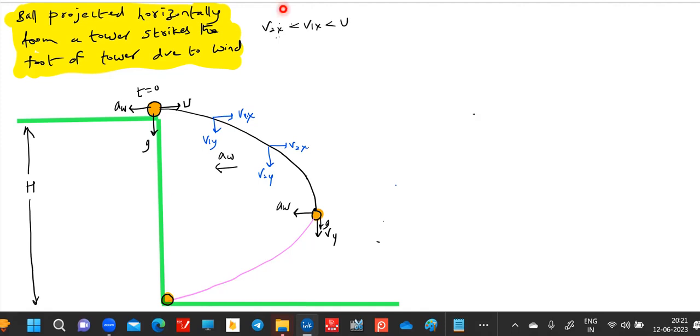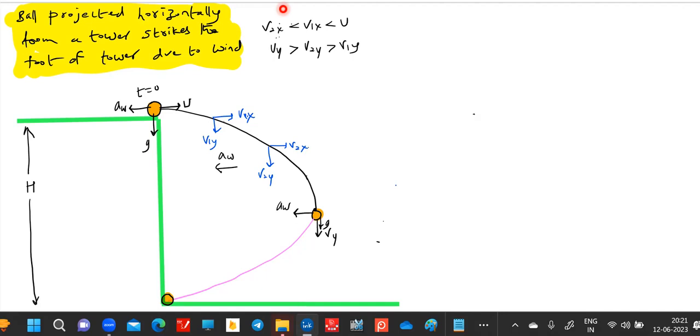This will be the motion along the x-axis. Along the y-axis, v1y, vy greater than v2y greater than v1y. So what is the type of motion here? Along the y-axis, it will be an accelerated motion. Along the x-axis, it will be retarding motion. Still, this will be a parabolic path.